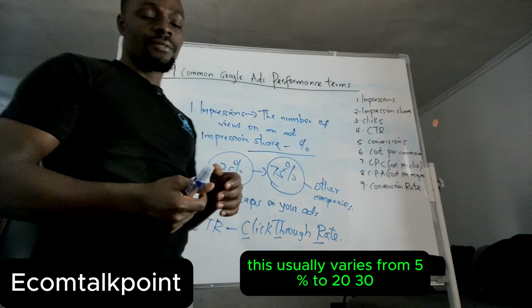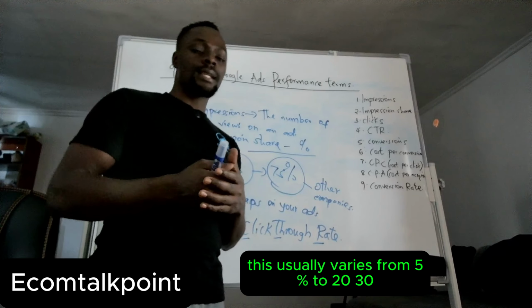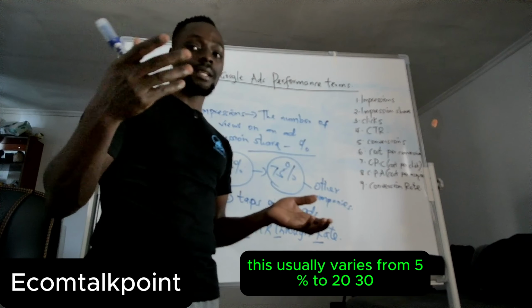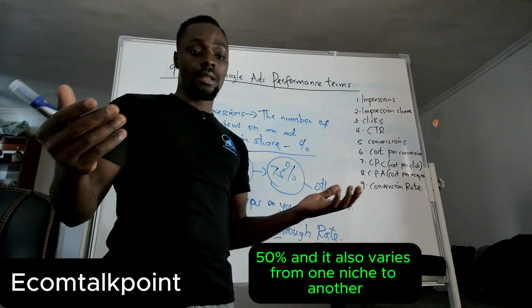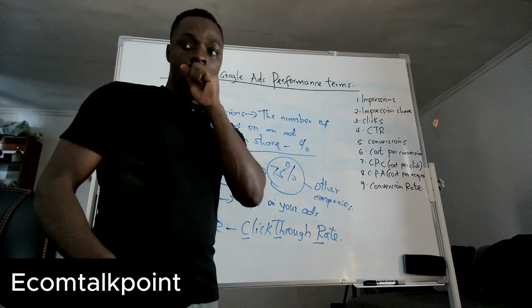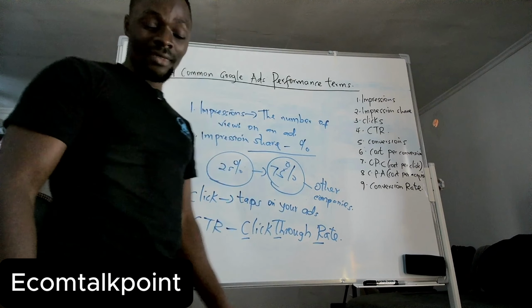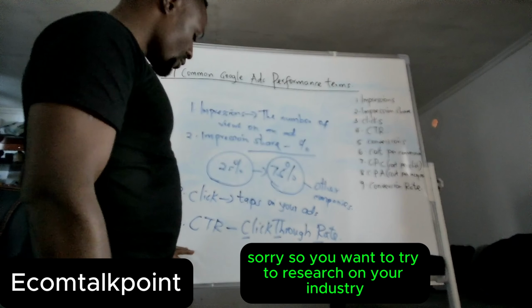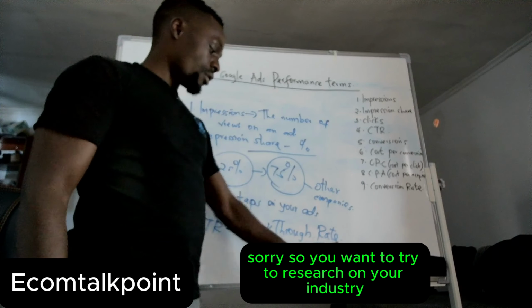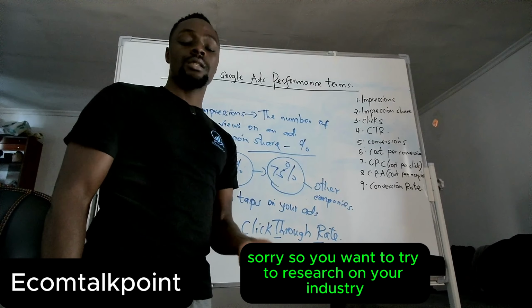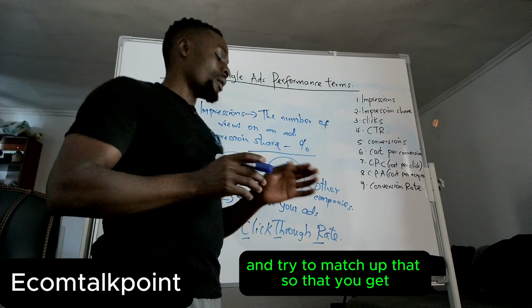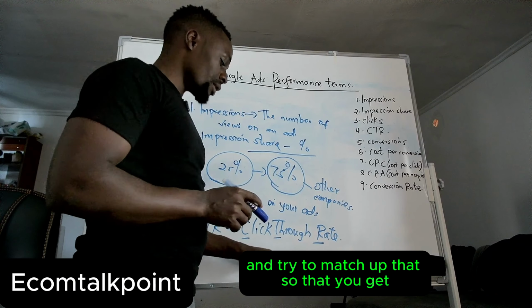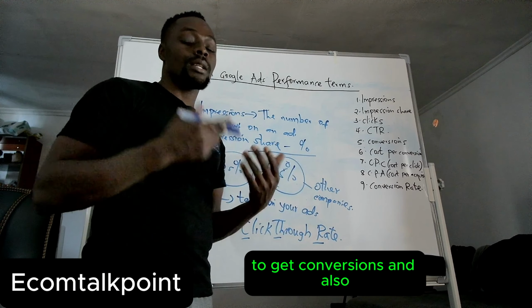This usually varies from 5% to 20, 30, 50%, and it also varies from one niche to another or industry to another. So you want to research your industry's average click-through rate and try to match that so that you get conversions.